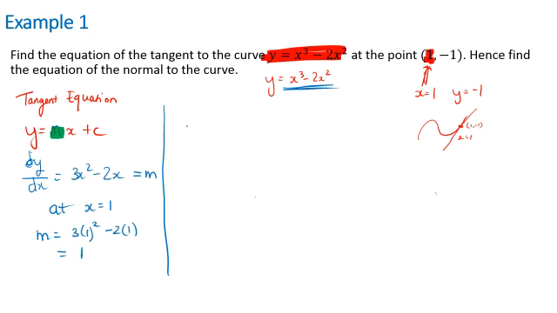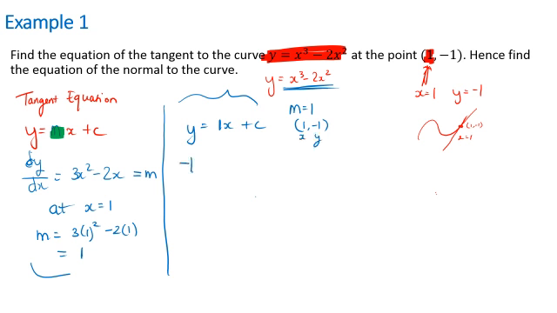So far, my tangent equation, I know this. m equals 1, so I've got 1x plus c. Right over here is year 11 maths, but right over here, this is going to be year 9 maths. I've got my gradient, so I know m equals 1, and I know that I've got a point 1, negative 1. So how do you find your y-intercept? Well, just sub these points in, because you know this is your x, and you know this is your y.